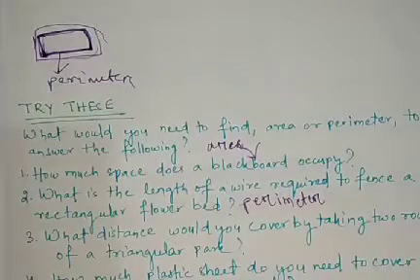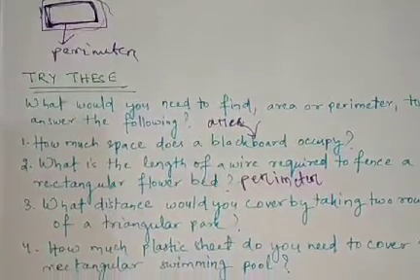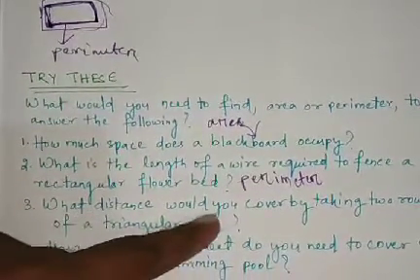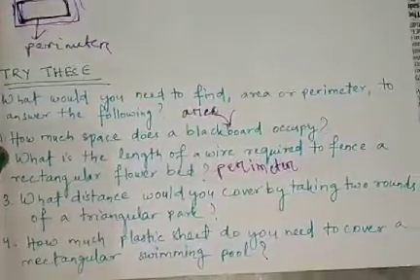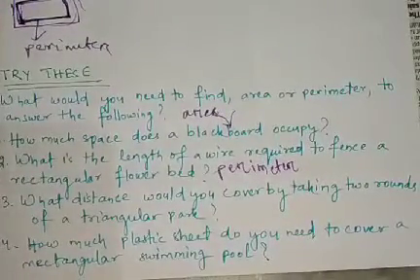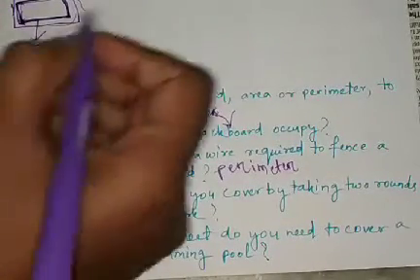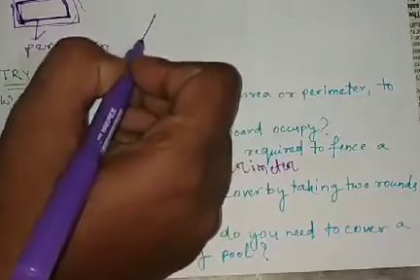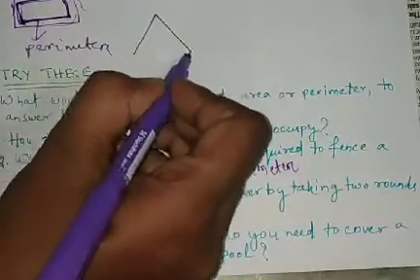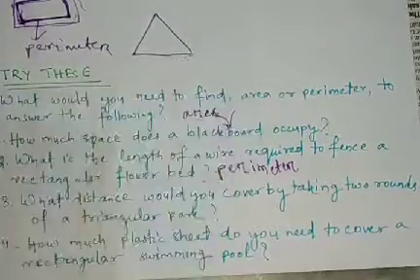a wire required to fence a rectangular flower bed. Next is what distance would you cover by taking 2 rounds of a triangular park? Okay, let this be a triangular park.